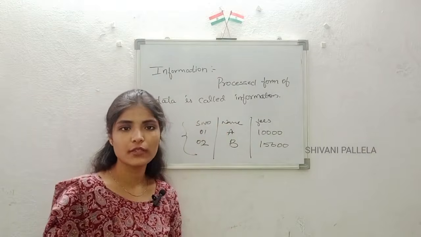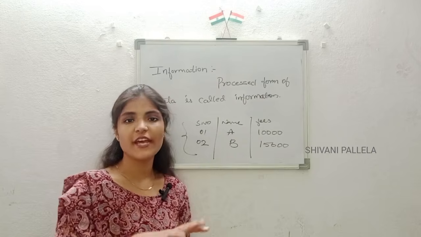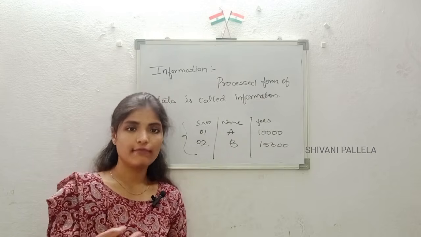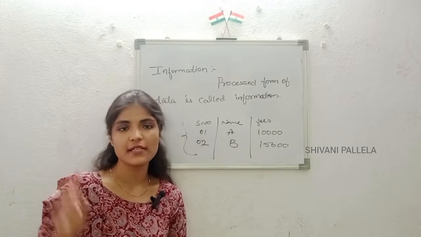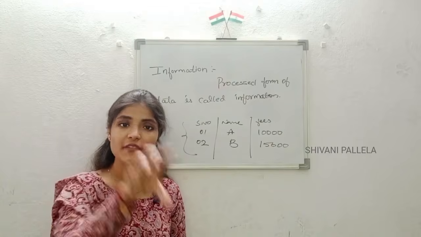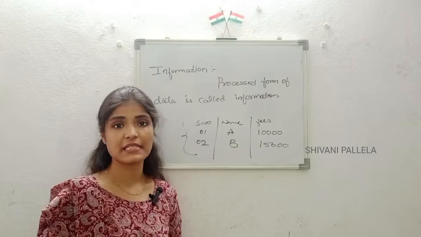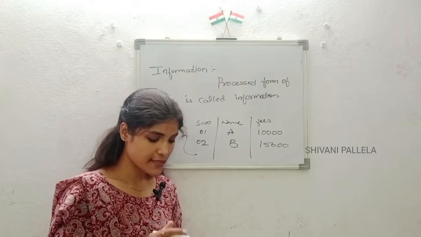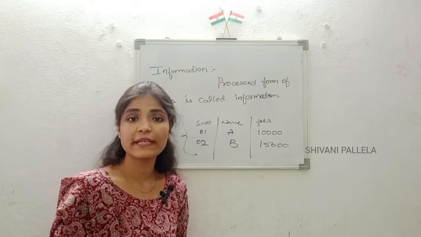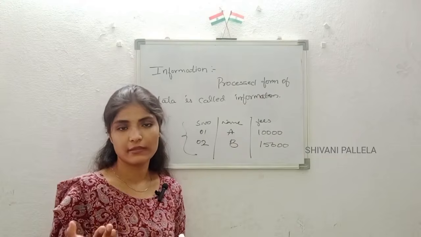If I ask you to search on YouTube, there are various channels with explanation videos, that is called data. The particular video which you choose is the information. You can understand it like that.